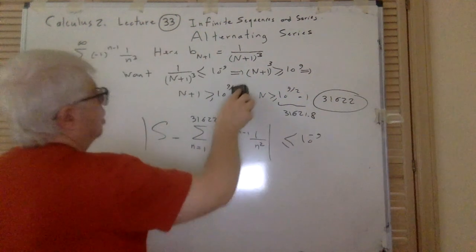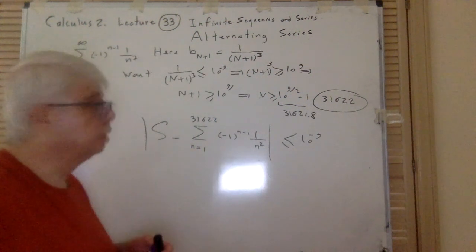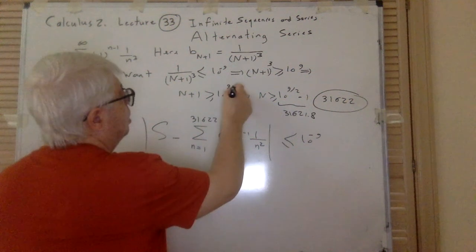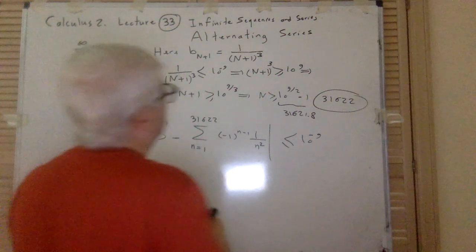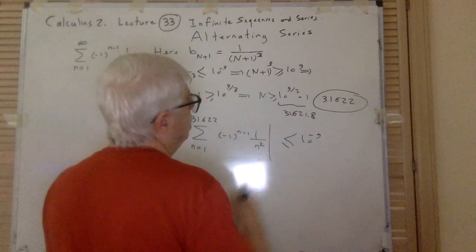So here I have n to the power 9 over 3, which is 3 in fact.